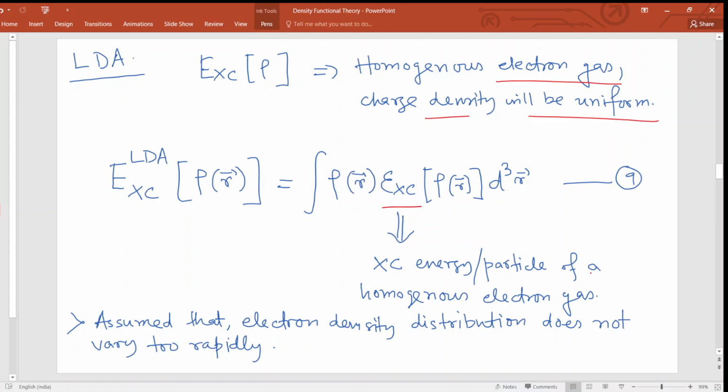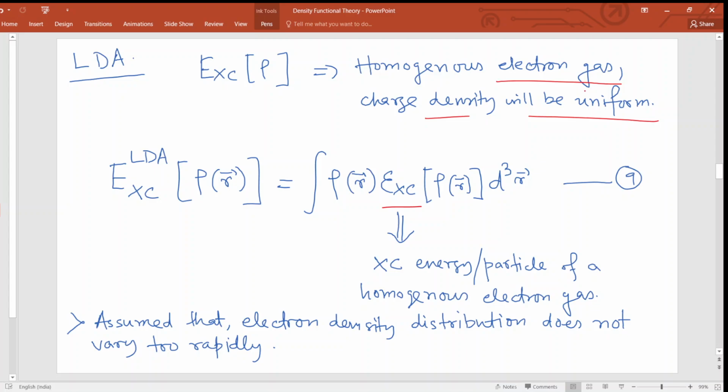However, the potential is slowly varying, and the typical length scale over which the potential is varying is much larger than, let's say, the de Broglie wavelength of the electrons. Okay, so here also this approximation can be used.